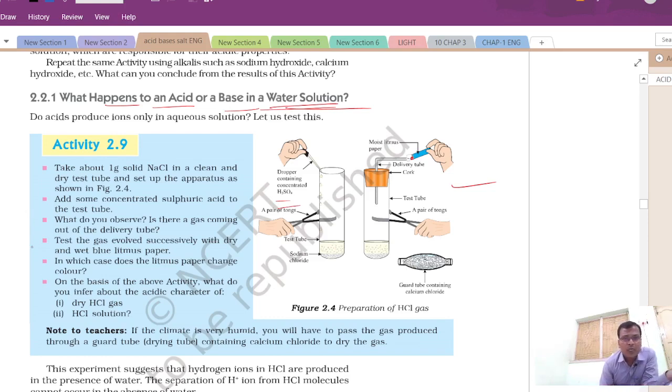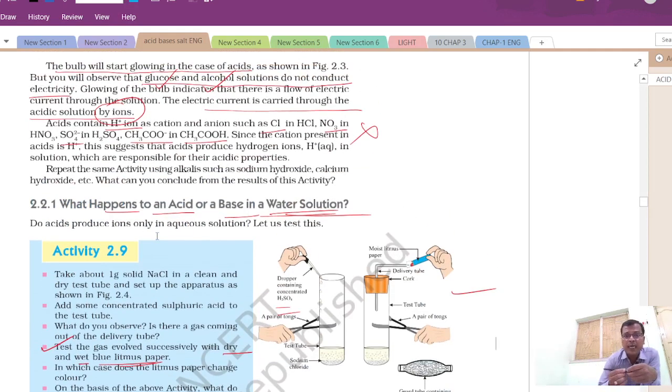This is very important. Test the gas passing successively through dry and wet blue litmus paper. What will happen if you pass an acid gas through dry litmus paper? If the gas is dry and the litmus paper is dry, then the acid will not break up into H plus ion, and I have told you that without H plus ion it will not behave as an acid.